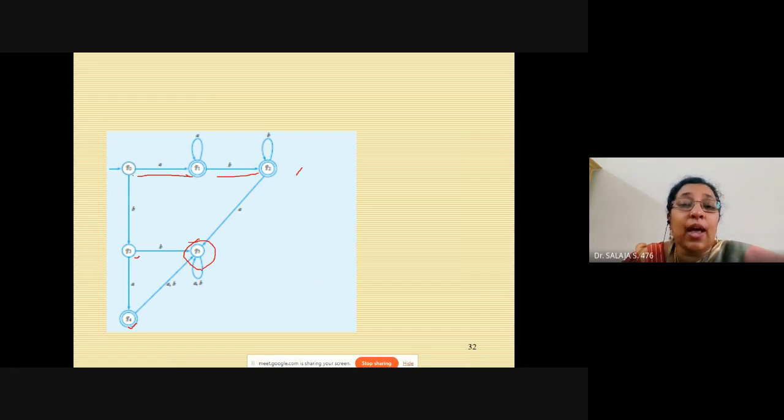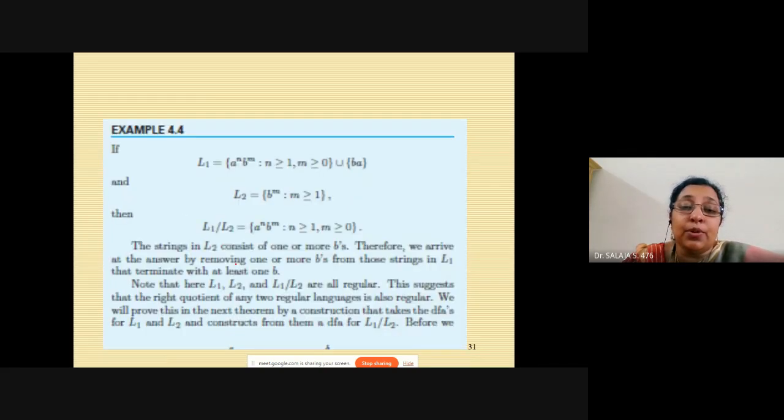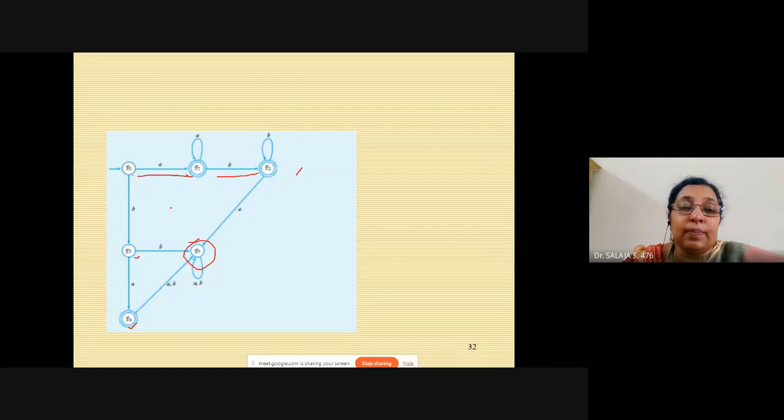Now, having drawn this, what are we supposed to do? We have to find L1 slash L2, where L2 is B^M, M greater than or equal to 1, which means a single B is allowed, multiple B's are allowed. Now, from Q0, if you read B, you will reach only Q3 and not a final state. So Q0 will not act as a new final state.